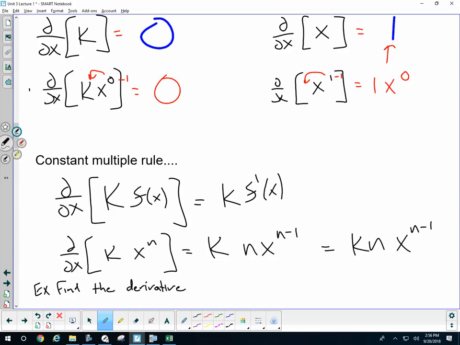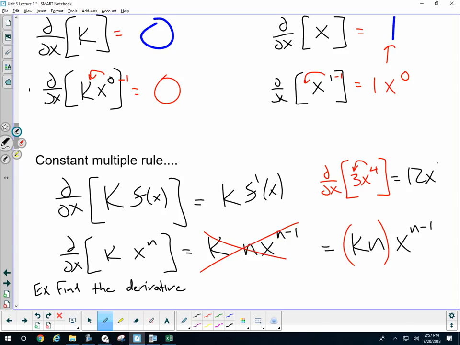Showing you a quick and easy example of that. You guys have space to the right. If I asked you to take the derivative of something like 3x to the 4th. Well, we can just go straight to this step and multiply the k and the n together and skip this. Which means take this 4, which is the n, multiply it by the 3, that's 12, then subtract 1, 12x cubed.